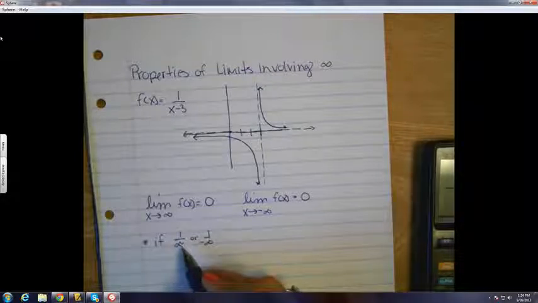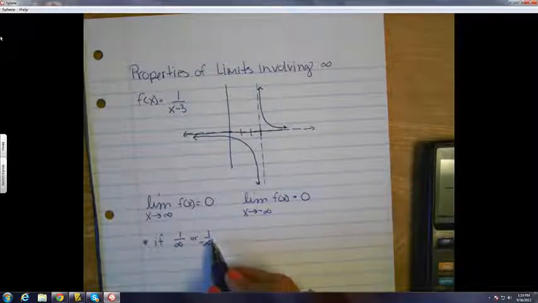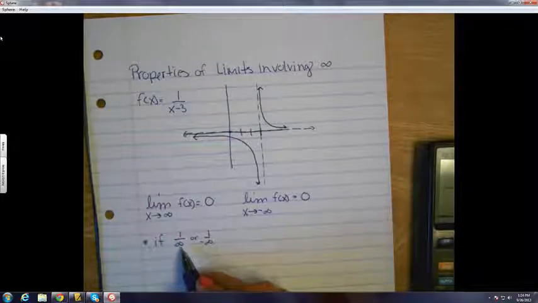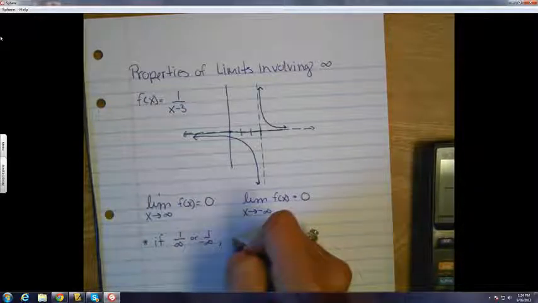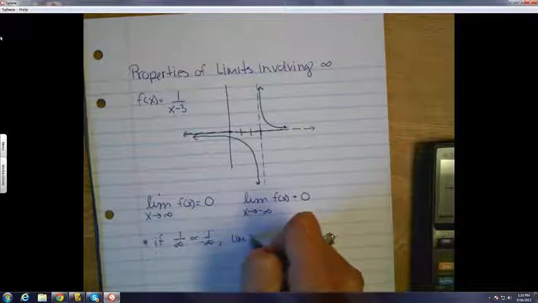How many times is something enormous going to fit into 1? Not at all. That's why they're coming out equal to 0. So if you get a 1 over infinity or a 1 over negative infinity, the answer is 0. The limit will equal 0.